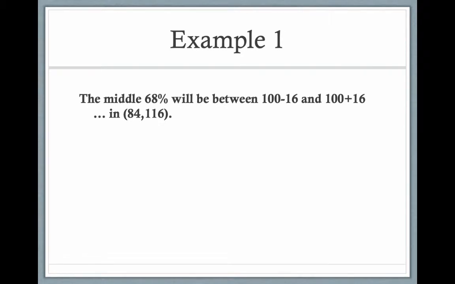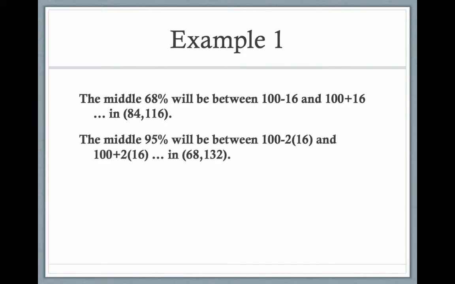The middle 68% will be between 100 minus 16, or 84, and 100 plus 16, 116, and so we have the interval 84, 116. The middle 95% will be between 100 minus 2 times 16, so 100 minus 32, which is 68, and 100 plus 2 times 16, so 132.